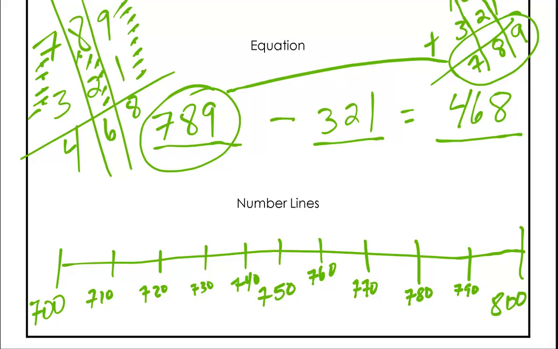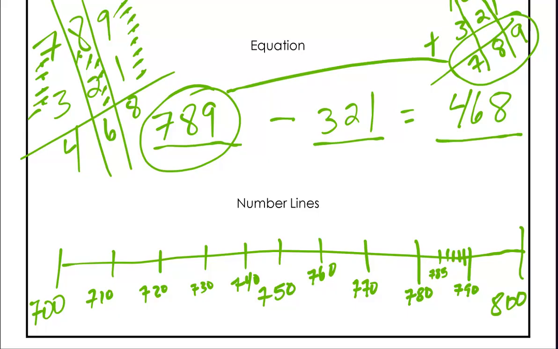Okay. So 780, 790, what would be the midpoint? 785. So it would be 785, 86, 87, 88, 89, 90.